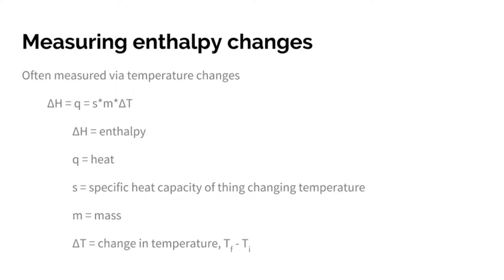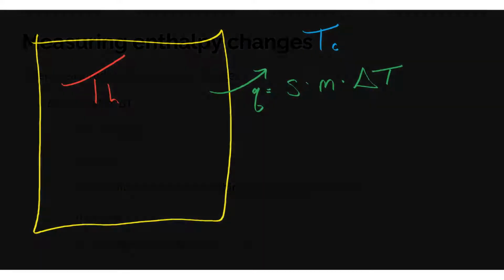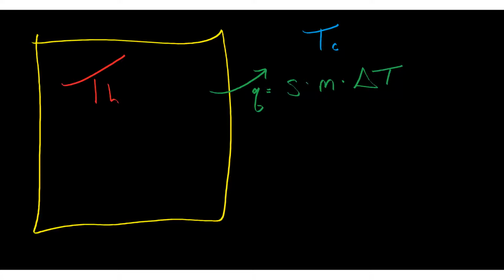So imagine you have this block. Say it's made of wood, could be made of iron, doesn't really matter. Say a block of iron. It's at a high temperature. It's sitting in some environment, just sitting on top of a table. And the air around is at a lower temperature.